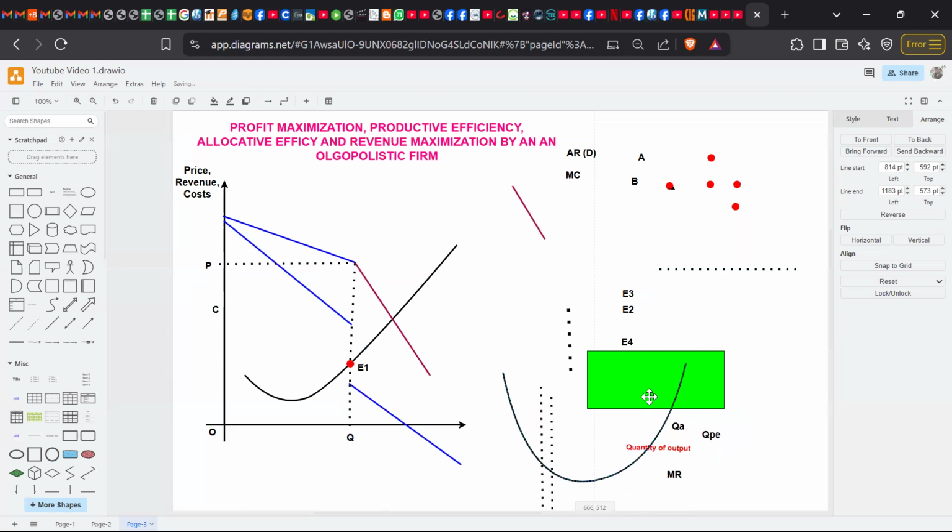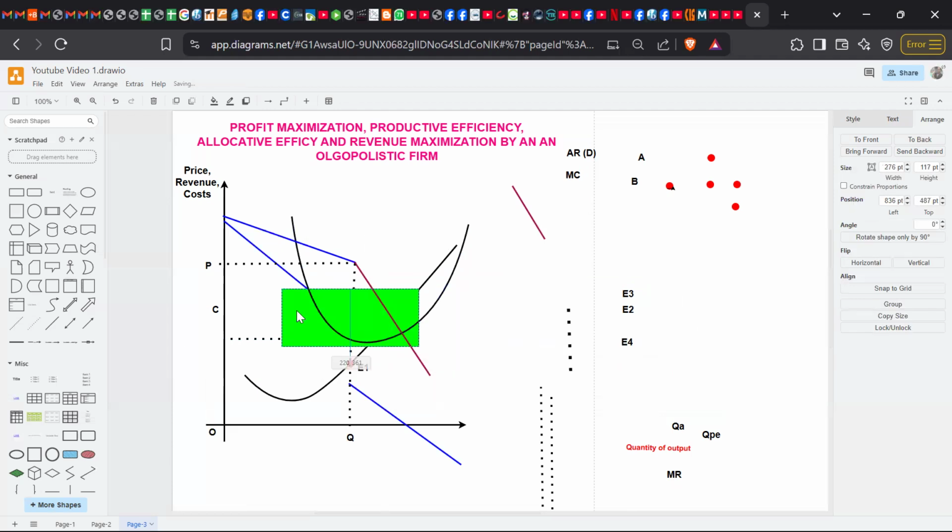Now, when we look into the average cost curve, this is the average cost curve, for instance. I'm placing it in the middle. So we have the firm making a total cost for producing OQ quantity at this level.